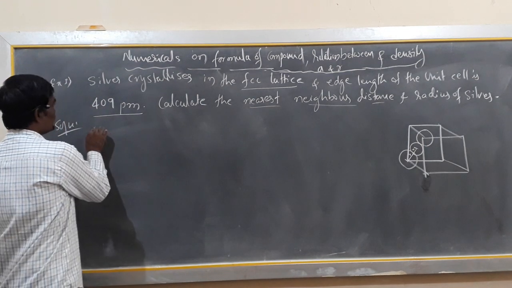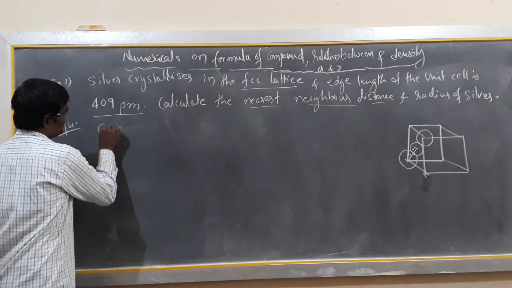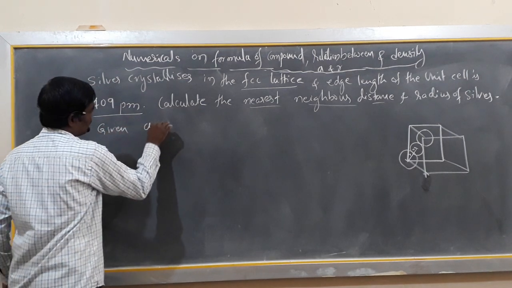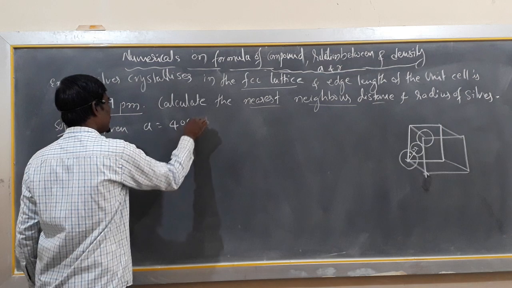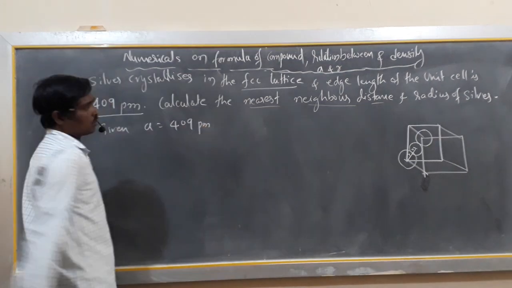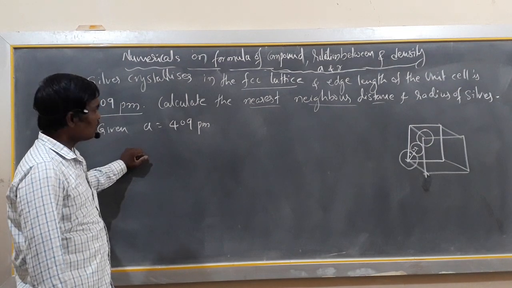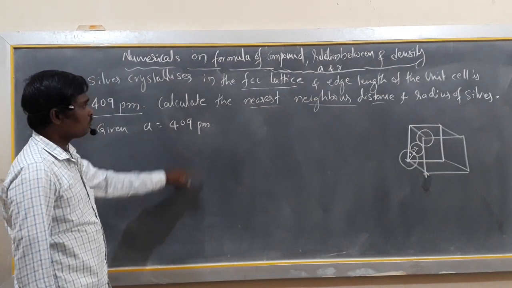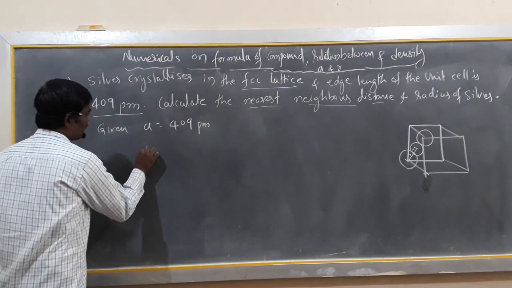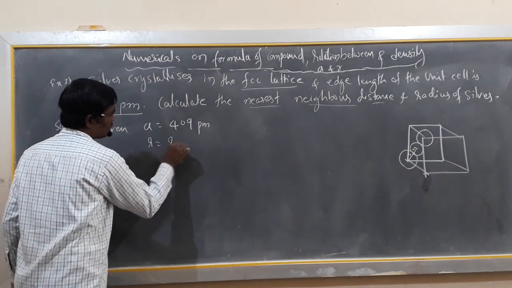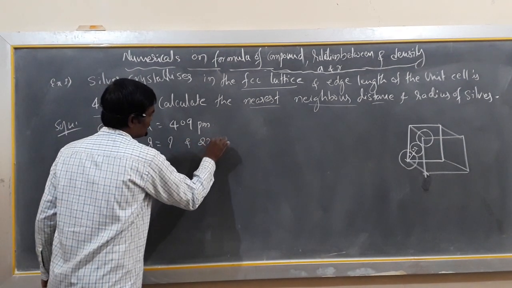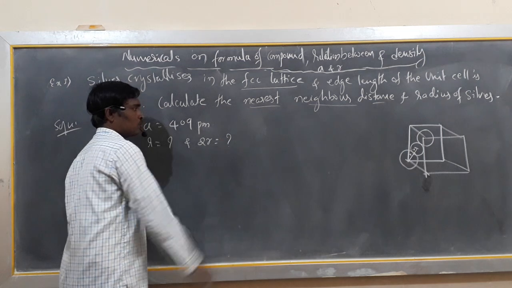Okay, first let me write the given things. So given is A. A is equal to 409 picometers. This is the unit in which the edge length is expressed, that is the picometer. R is equal to question mark, and also 2R, that is the nearest neighboring distance, is also equal to question mark.